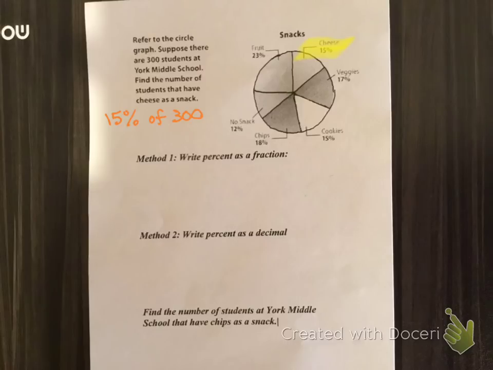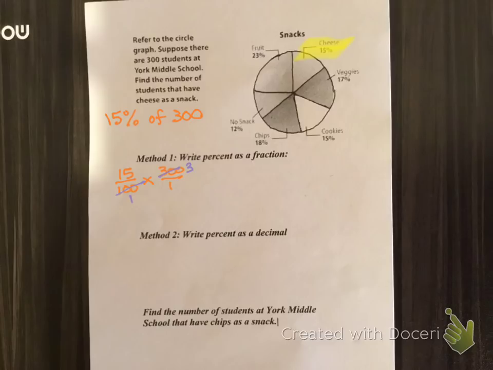So let's start by taking that percent and writing it as a fraction. So 15% becomes 15 hundredths. Of means to multiply, and then we have 300 over 1. Then we look for anything that we can reduce, and oh my goodness, are we lucky. We've got 100 goes into itself once and into 300 3 times.